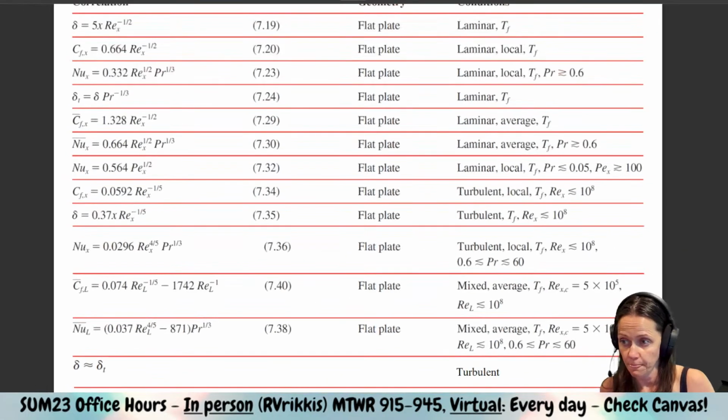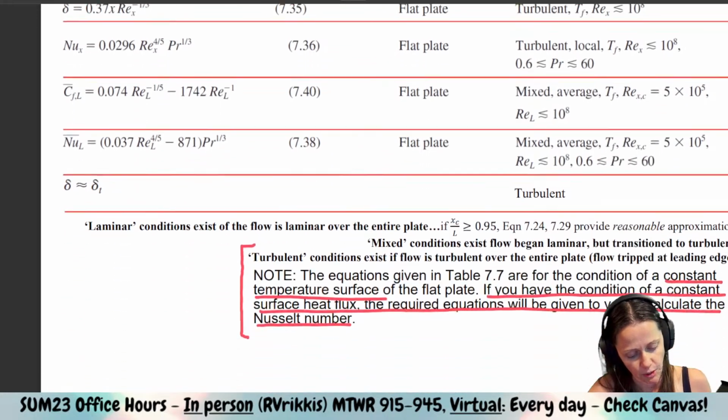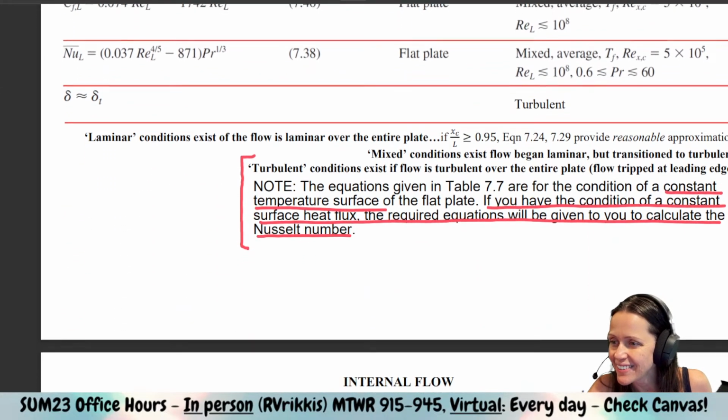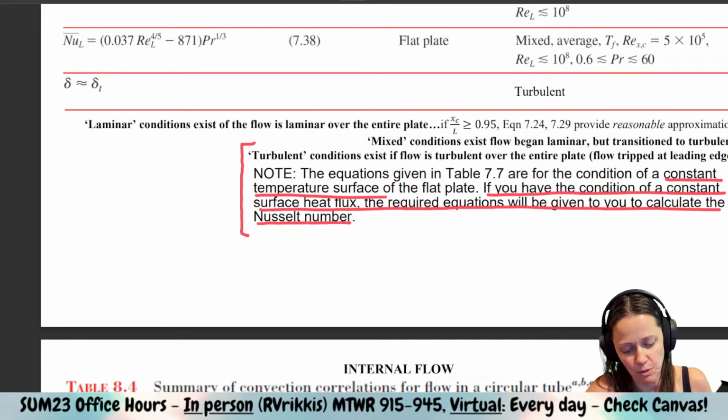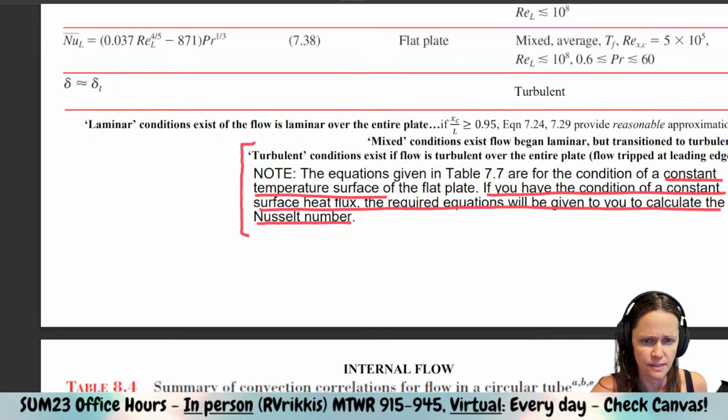It's 0.037 times the Reynolds number to the 4/5 minus 871 times the Prandtl number to the 1/3. So this is mixed conditions based on a critical Reynolds number of 5 times 10 to the 5th. Our Reynolds number was almost 6 times 10 to the 6th, so it's less than 10 to the 8th. Our Prandtl number is within that range, so this looks good. So we're going to use this one right here.